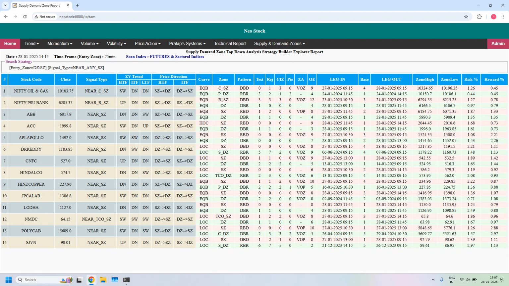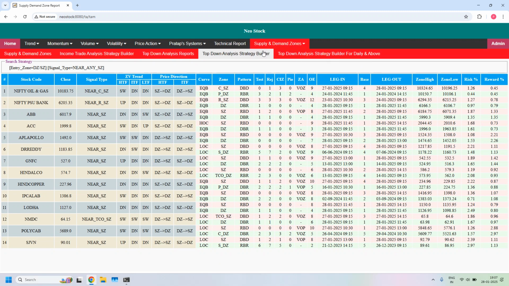NIFTY PSU bank is not listed in F&O. We don't have any 75 minutes high liquidity supply zones from this list. So these are the high liquidity zones.